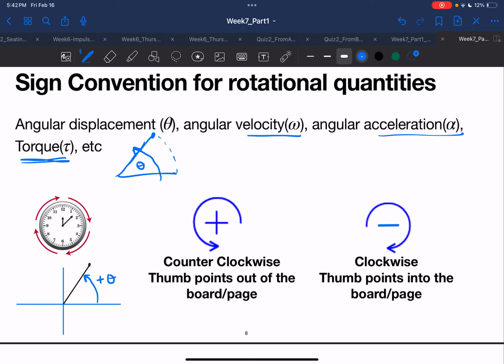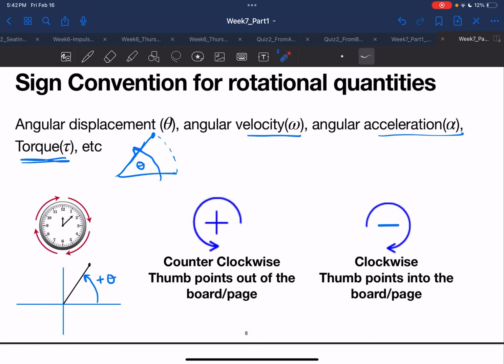Similarly, something that is turning in the counterclockwise direction in general is given a positive angular velocity, and something that's accelerating in the counterclockwise direction would be positive angular acceleration. So any direction for rotational quantities that is counterclockwise, by convention, and this is totally arbitrary, but by convention in physics, we define this direction to be the positive direction.